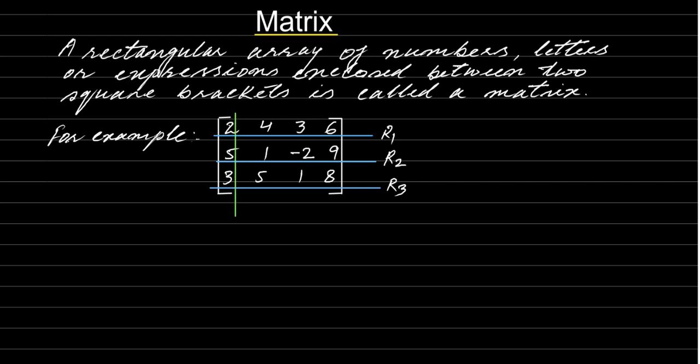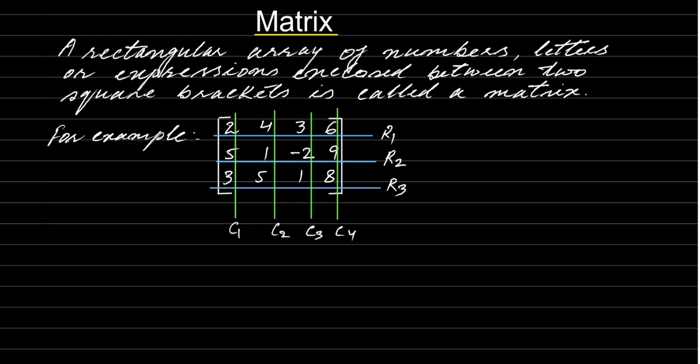And these are called the columns of the matrix, which are generally denoted by C1, C2, C3, C4, and so on. And a matrix can have any number of rows and any number of columns. The number of rows and number of columns may be equal or unequal.